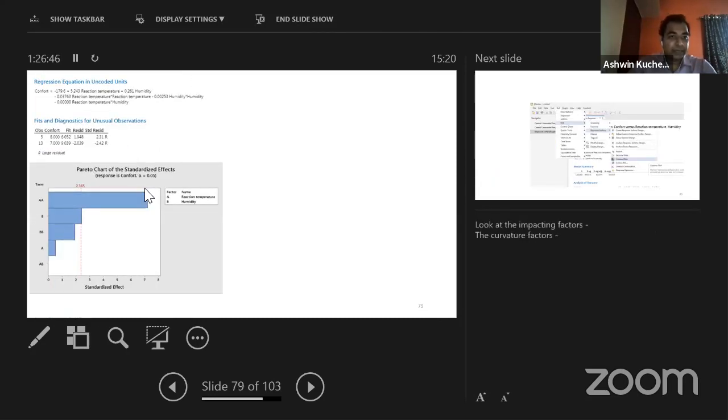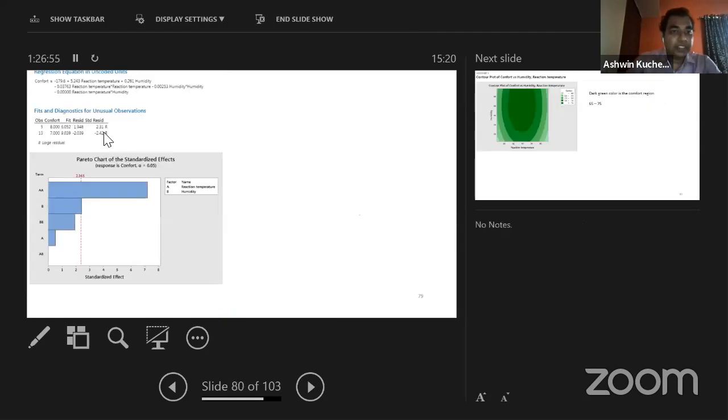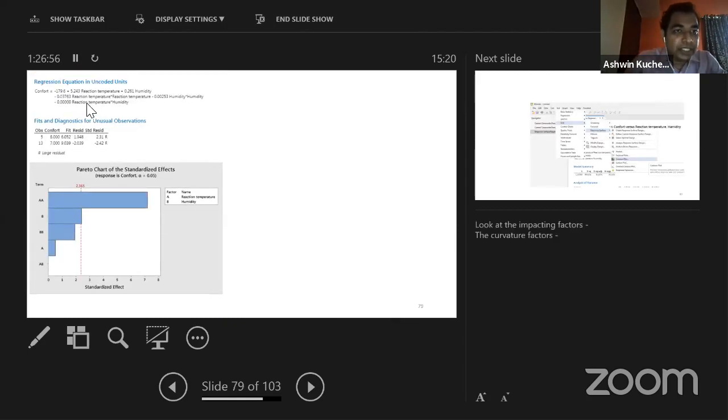This graph tells us the Pareto chart for interaction terms, individual terms, and individual interaction terms, along with this regression equation. So this equation tells us the equation for individual factor, reaction temperature, humidity, reaction temperature, individual interaction of humidity, and two different factor interactions.